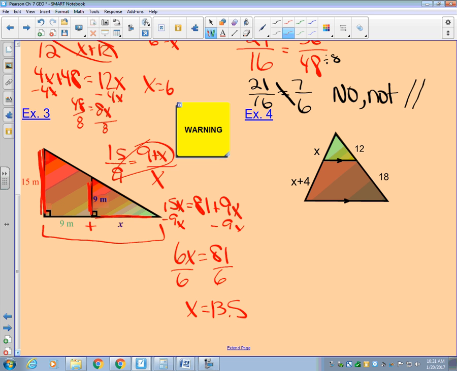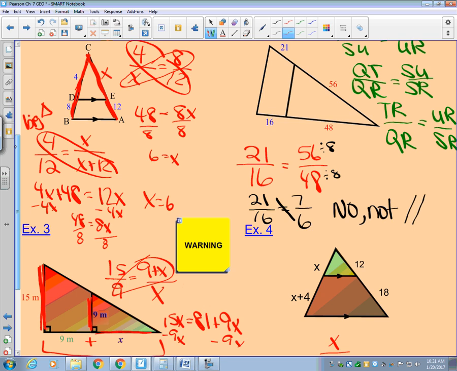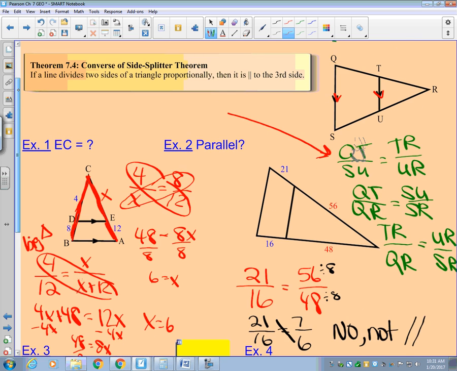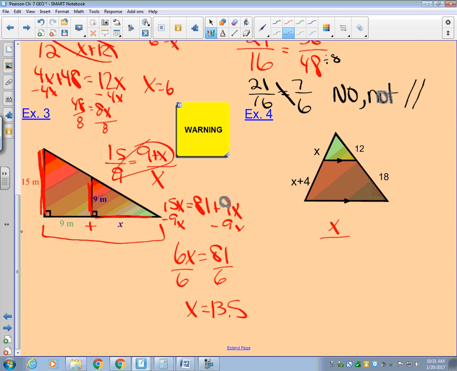All right, example 4. We're going to take this little piece here, x, and put him over. I want to use the same process that I use up here. Okay.